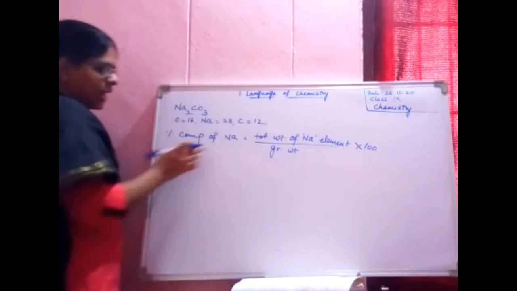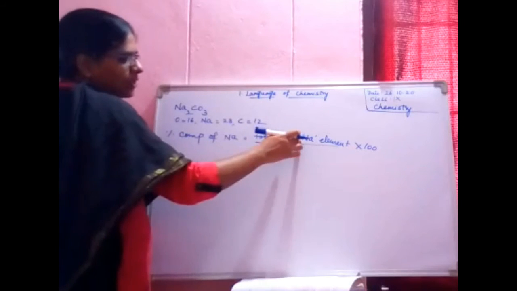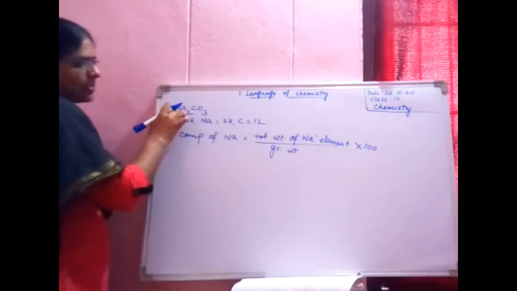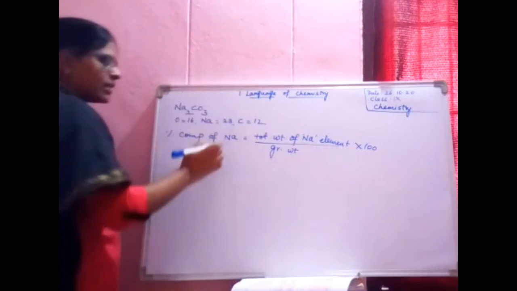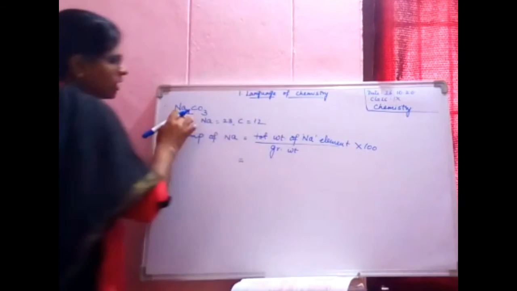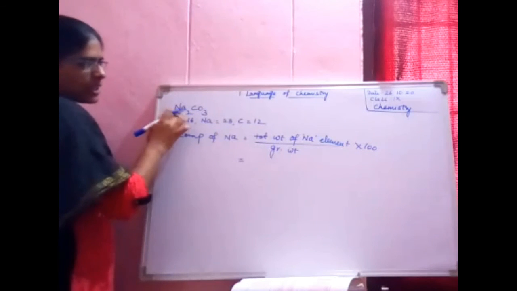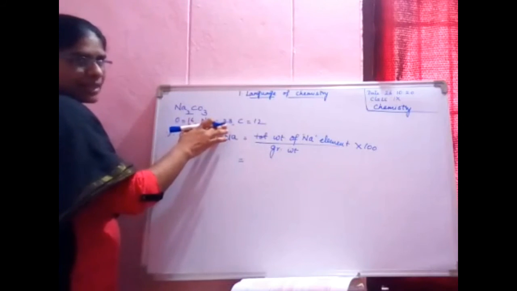As we are finding the percentage of sodium, we first need to calculate the total weight of sodium in the given compound. How many sodiums are there in the formula? 2 sodiums. We know its atomic weight is 23.